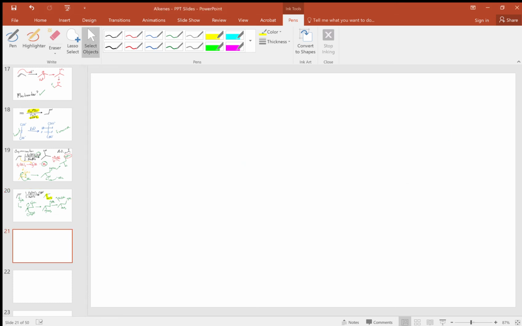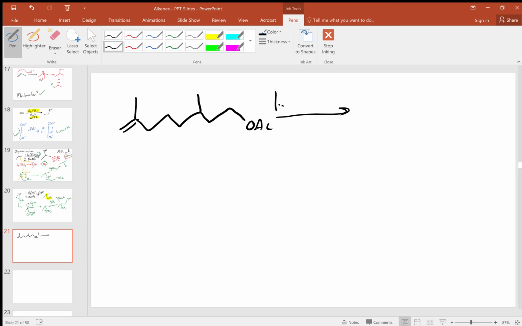But here's an example. So if we take this alkene and have it undergo oxymercuration with methanol, so we know that we're making an ether here.